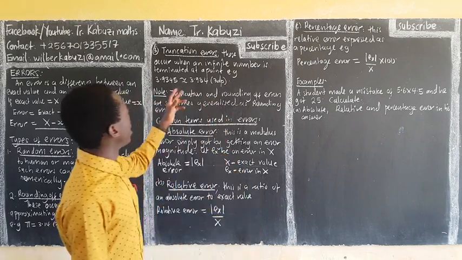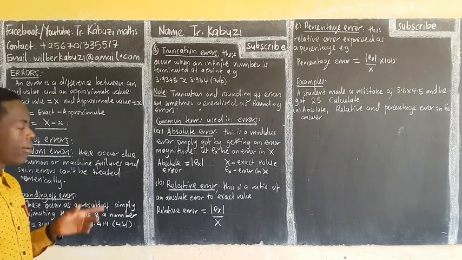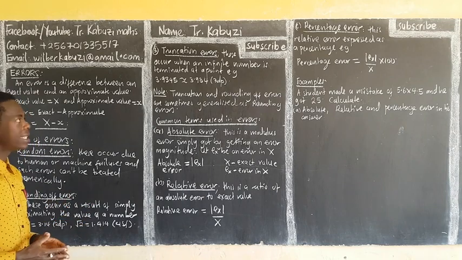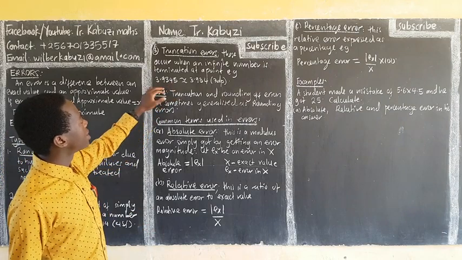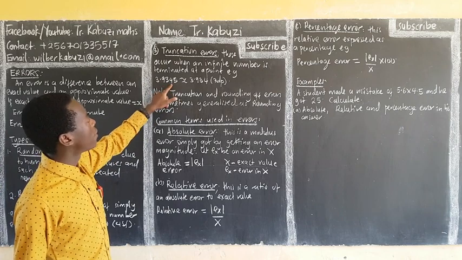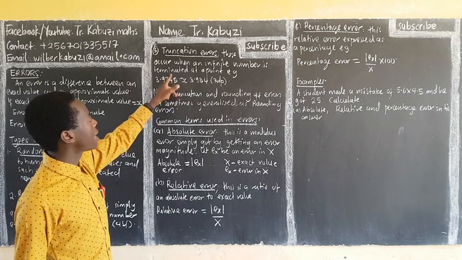Truncation errors occur when an infinite number is terminated at a point. Now, there's a difference between rounding off and truncating. When we are truncating, you look at this number, 3.9345. If you are truncating at 4, you don't add anything, unlike when we are rounding off, where we add to a number.